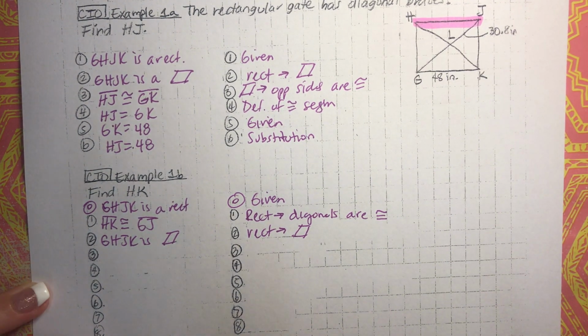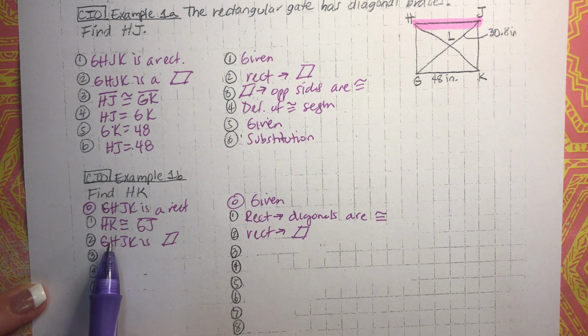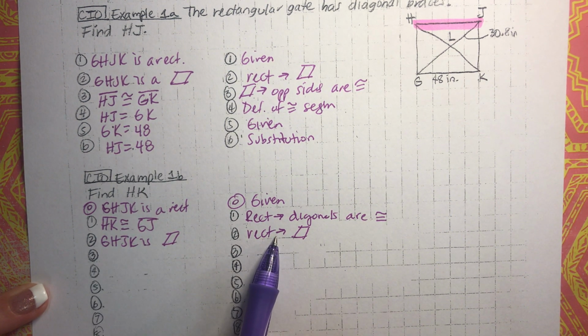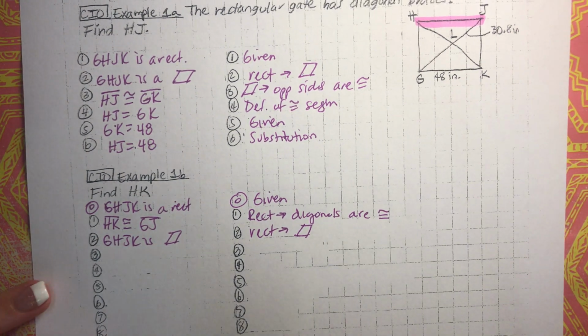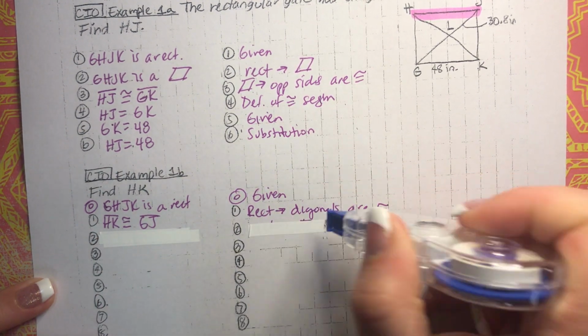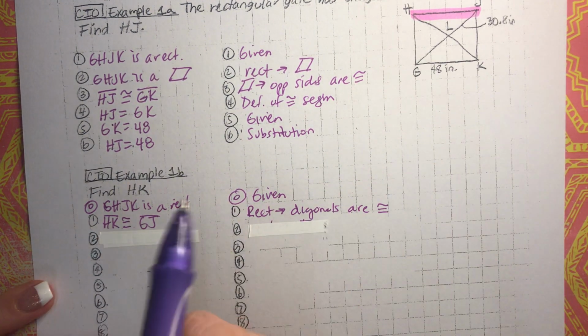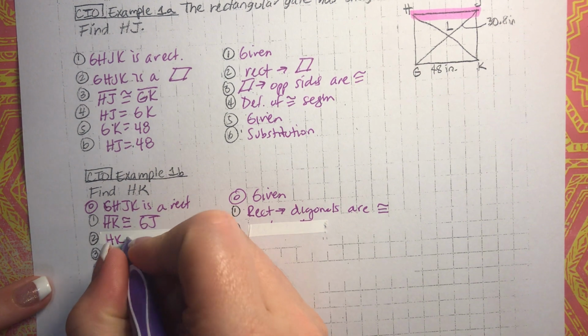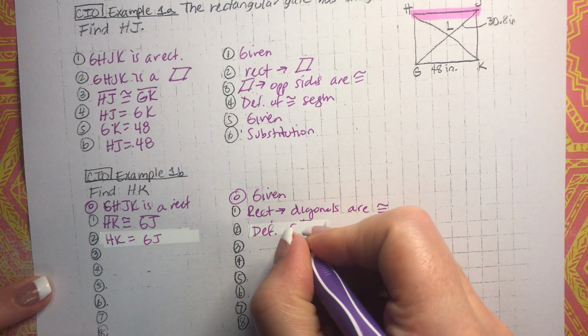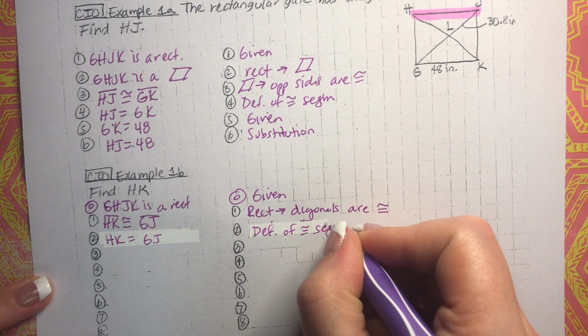I think I'll just go there. So JL, I probably should have changed the format on that before I stated that. Let's do this. Super easy to do that. We just go like this. Okay, so I'm going to say HK is equal to GJ because of definition of congruent segments, right?